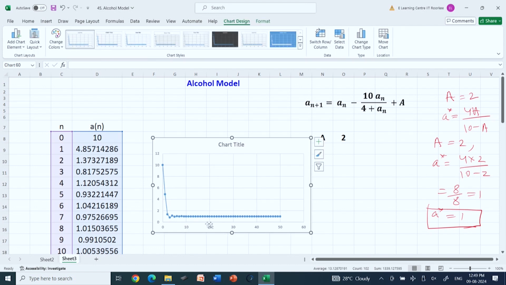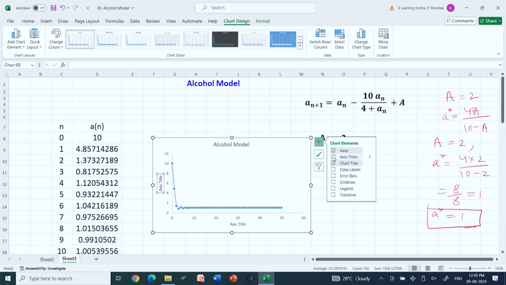Basically you see that this equilibrium point reaches the value of 1, which matches with your analytical solution, and the system is stable because the value of A lies within the range of stability which we have proved before. So this is the alcohol model. If you want, I remove the grid lines. I want an axis title.